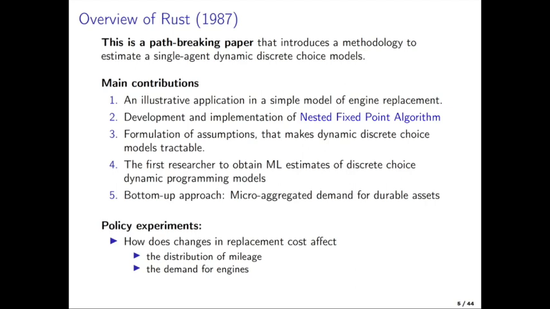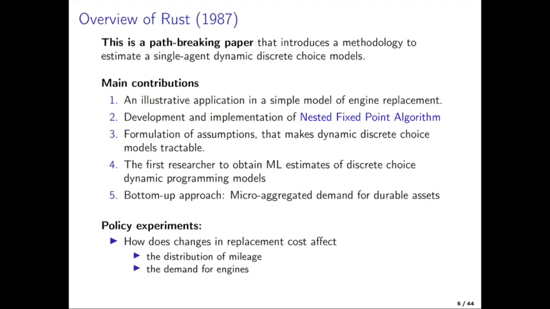So that's the first contribution, this nice application in a simple renewal problem. And it's actually a very broad class of models if you think about it broadly, replacements of assets, right? So that in itself is a contribution.